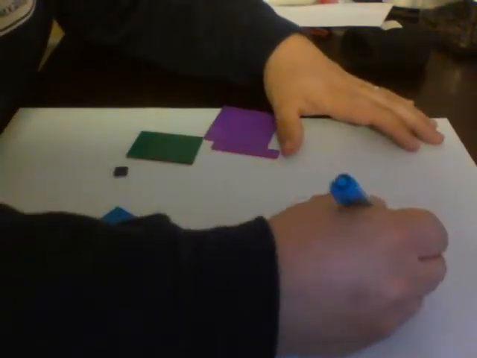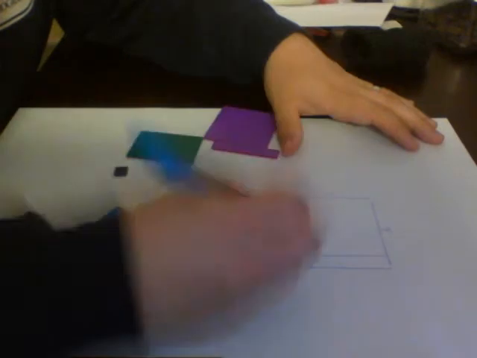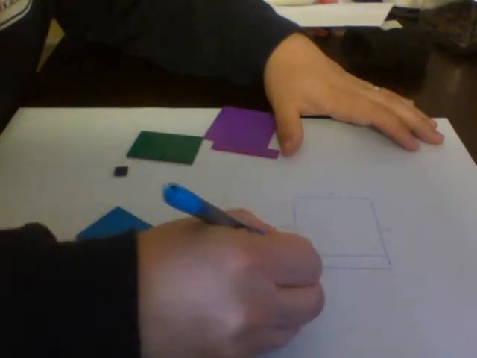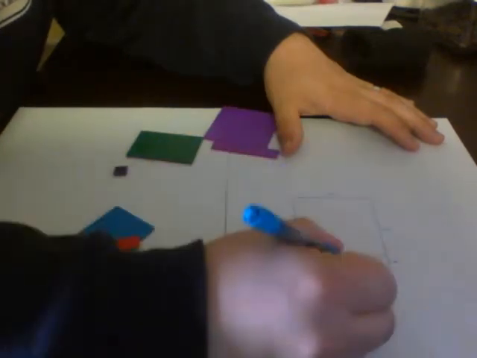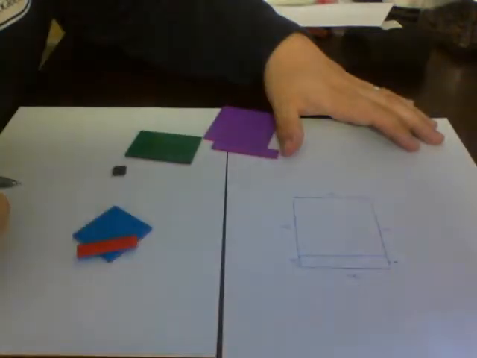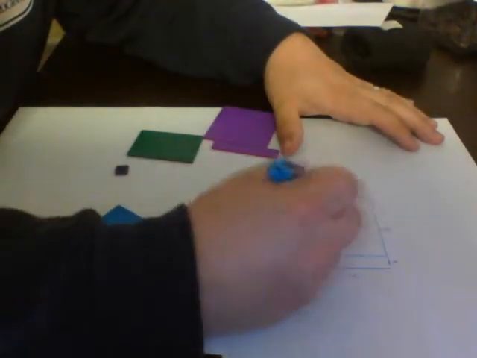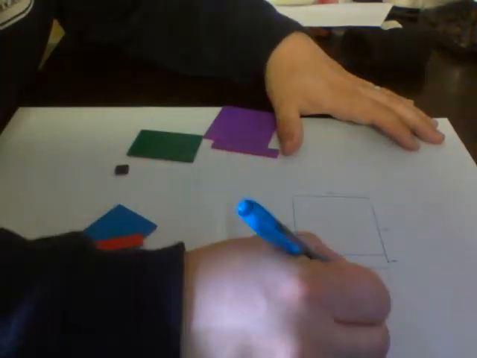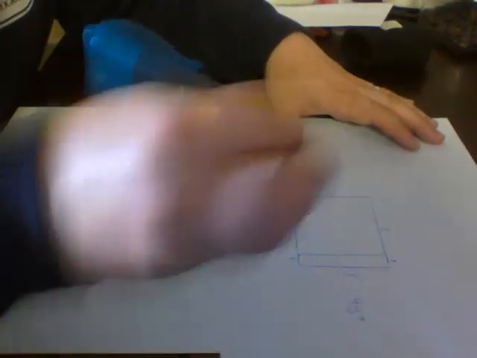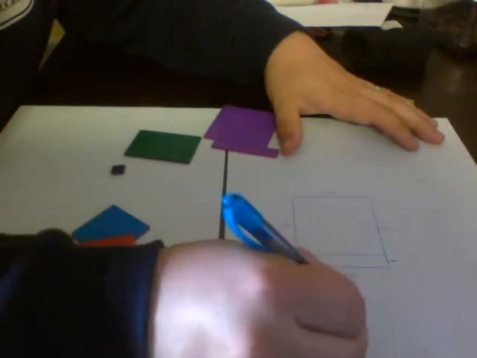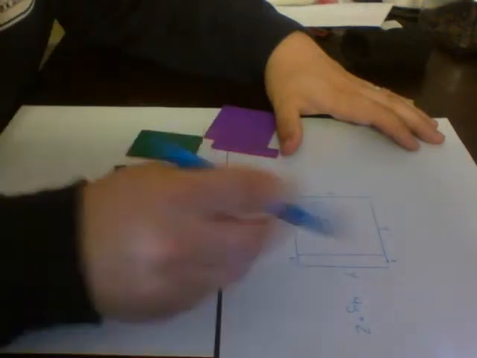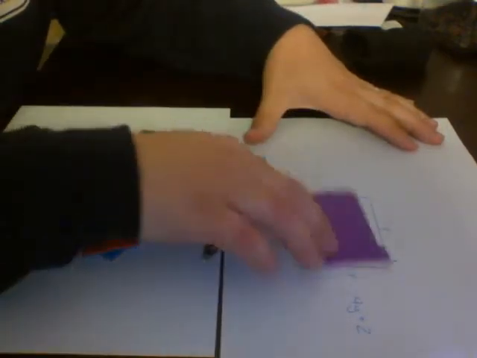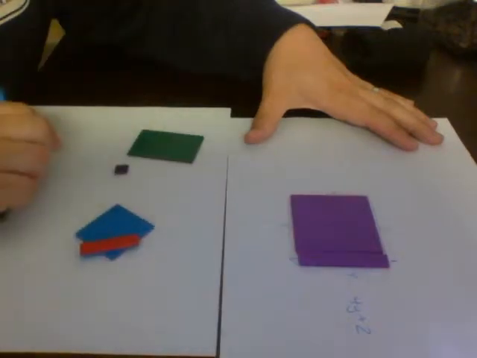So now I have a y, a y, a y, a 1, a 1, and another y. So if I were to add up the perimeter of this figure, I'd have 1, 2, 3, 4 y's plus 1, 2 constants. So this is a 4y plus 2 perimeter of those 2 tiles there.